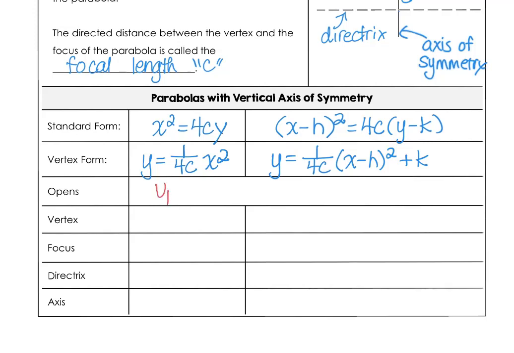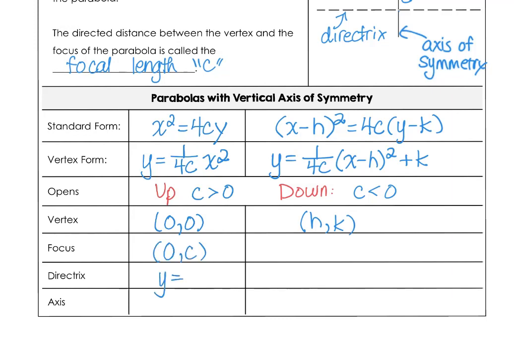A parabola will open up when the C value is positive, and the parabola will open down when the C value is negative. And like we said, this vertex is at the origin, and this vertex is at (h, k). The focus is (0, c).